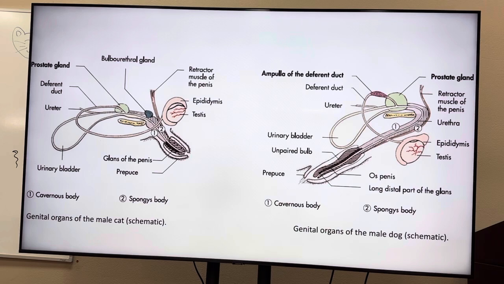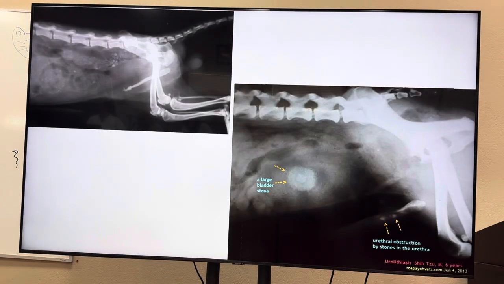Here we have the pelvic urethra, which is short, and as soon as it gets into the penis, it is called the penile urethra. Wait, you said it's opposite in cats? Yeah.